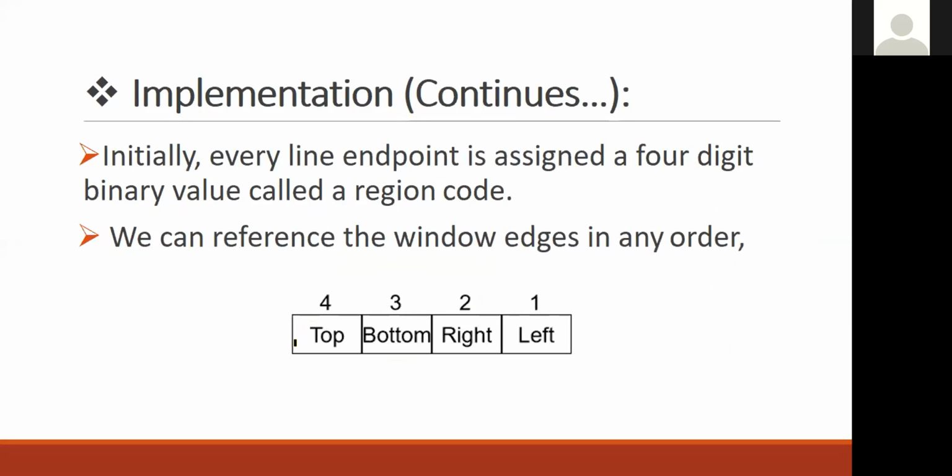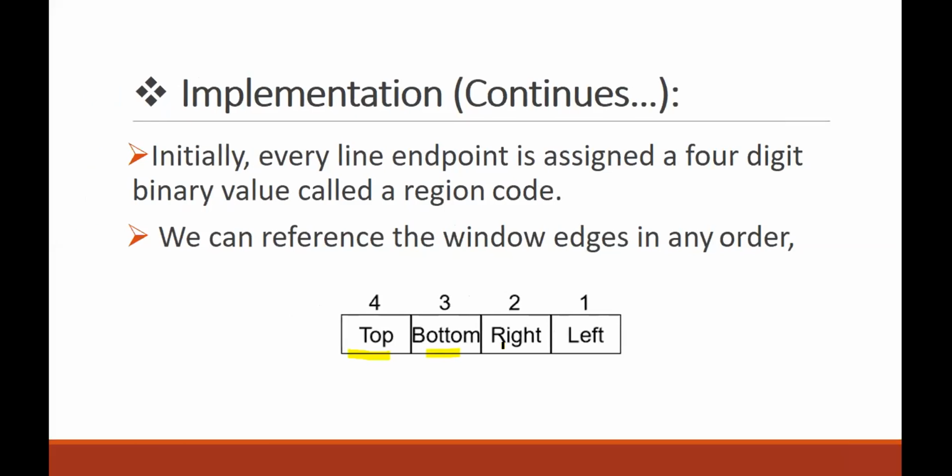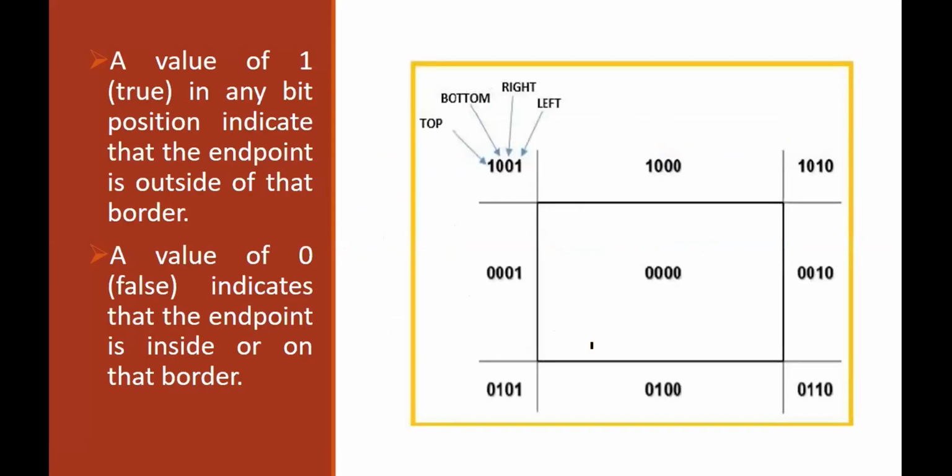Here I have taken the most significant bit for top, then bottom, then right, and then left. If you wish to change the order, you can, but the region codes would then differ from mine. So here the region codes are assigned. In a region code, if any bit is 0, that means the point lies inside that particular border.